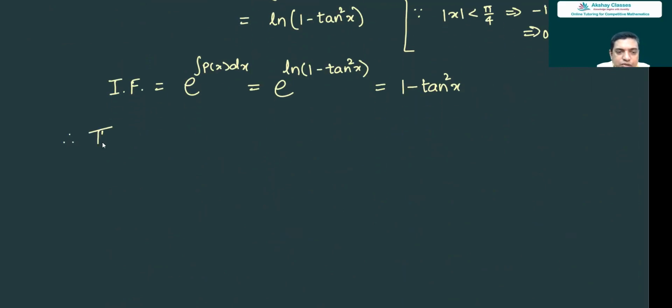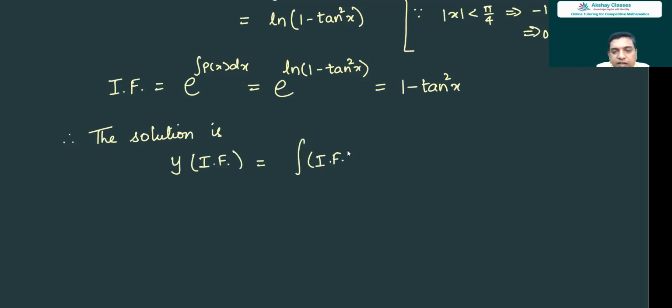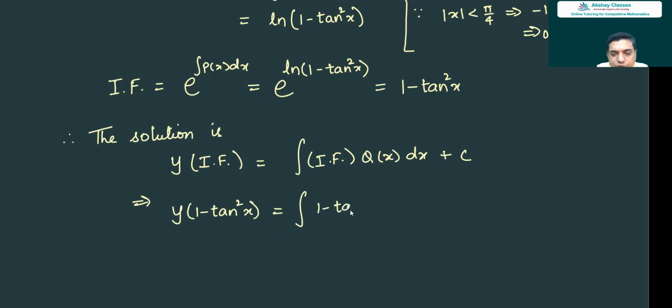Therefore, this solution is y times the integrating factor is equal to integral of integrating factor times q plus c. So we have y into 1 minus tan square x is equal to integral of 1 minus tan square x times cos square x dx plus c.